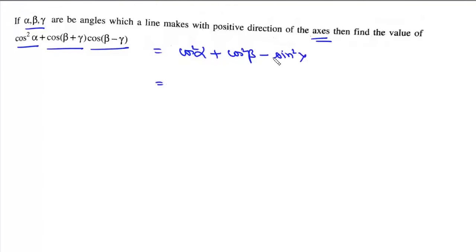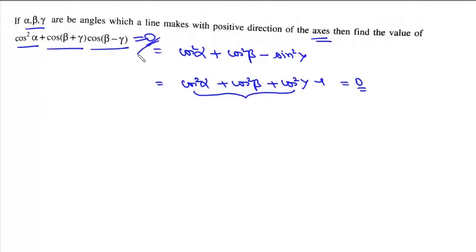Now we can write sin square gamma as 1 minus cos square gamma. So it will be cos square alpha plus cos square beta plus cos square gamma minus 1, and we know that cos square alpha plus cos square beta plus cos square gamma is 1. So 1 minus 1 will be 0. So the answer to this expression is simply 0.